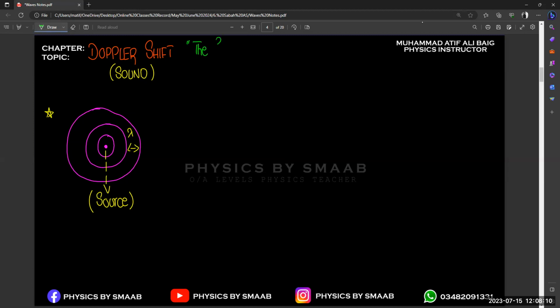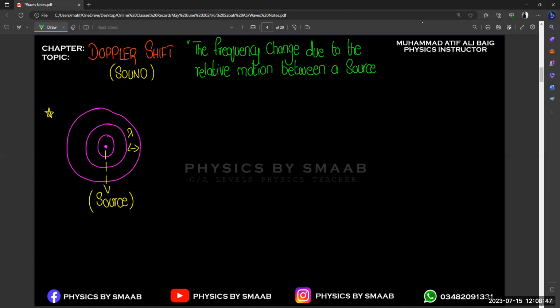the frequency change due to the relative motion between a source, and we are writing source of sound or light, both, and an observer.